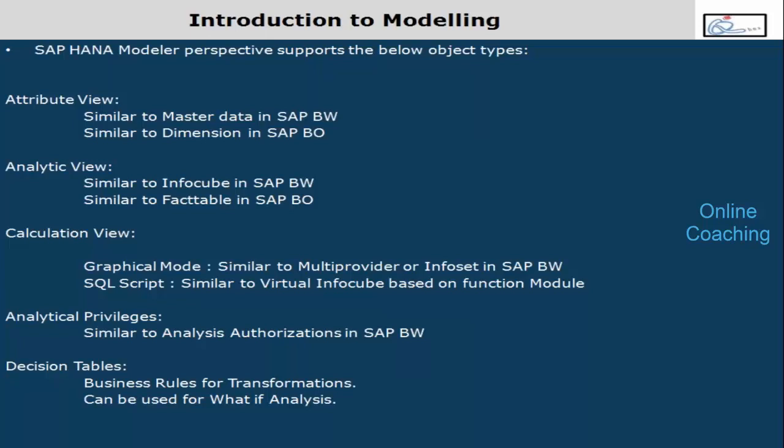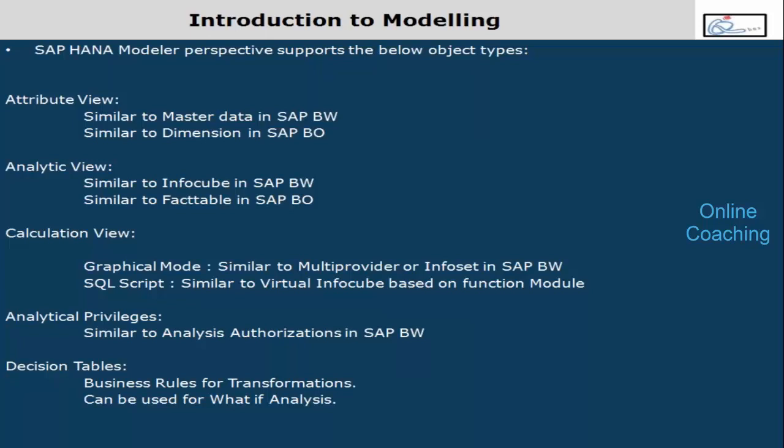So when I say fact table, it would represent the transaction or an event which would have the measures in it. When you want to do modeling by leveraging those fact tables, the tables which will have measures in them, then we have to get into analytical views.